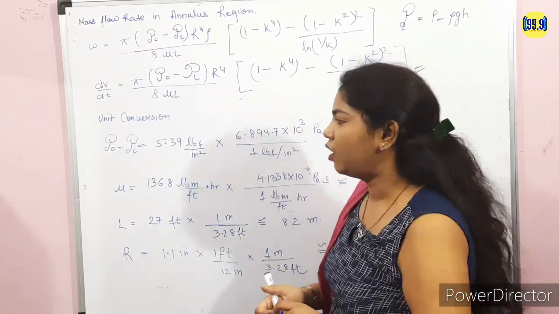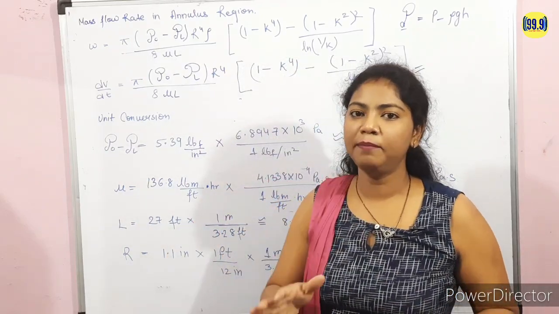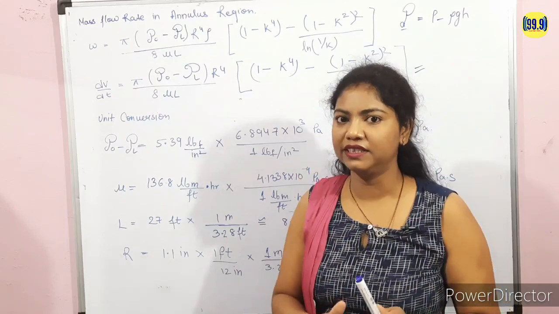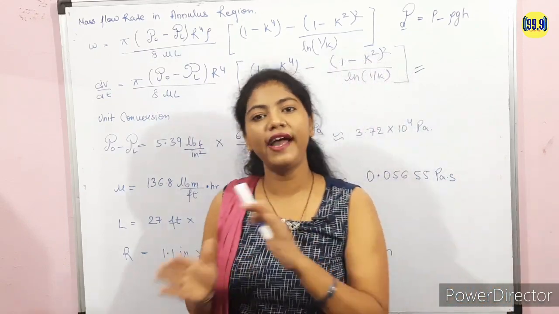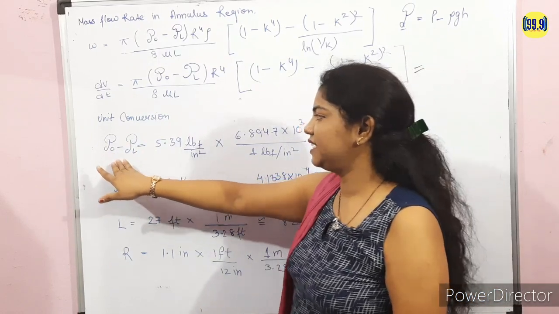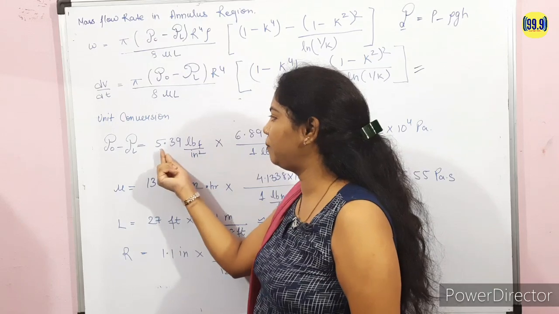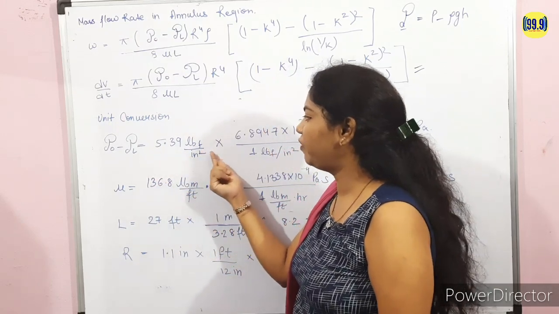Okay, so now you can see that all the parameters are given in the FPS system. Now we have to convert them into SI units. So for pressure, the given parameter is 5.39 lbf per inch.